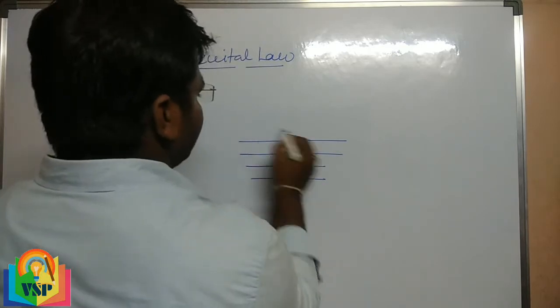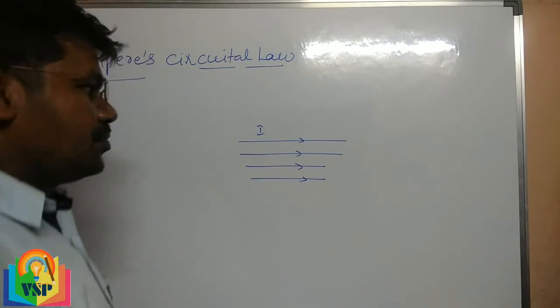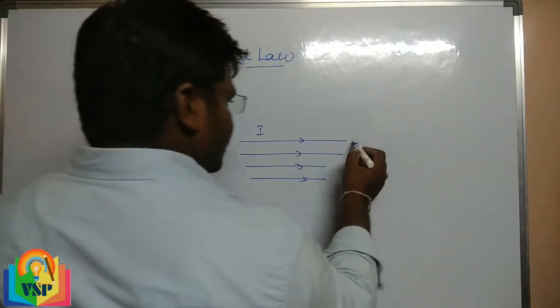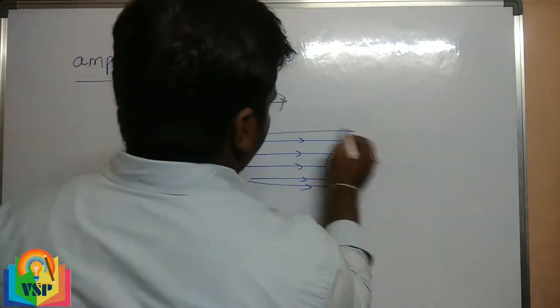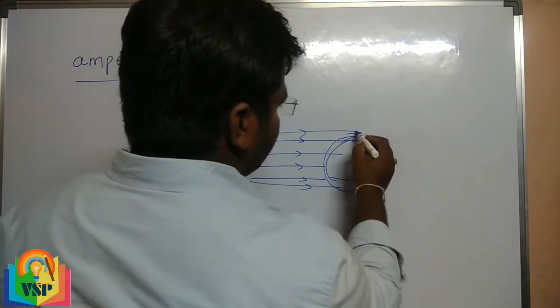Consider a current passing in a vacuum, denoted I. Consider a surface area, a closed loop.